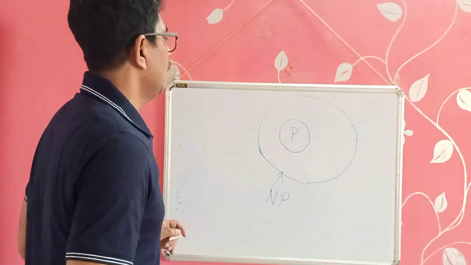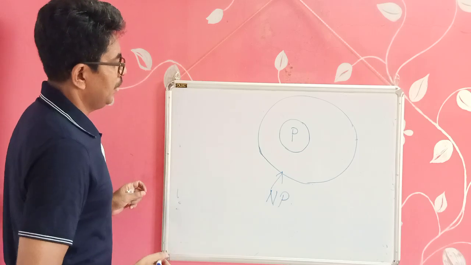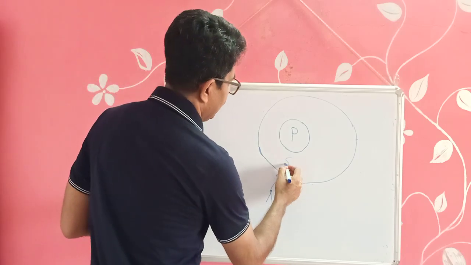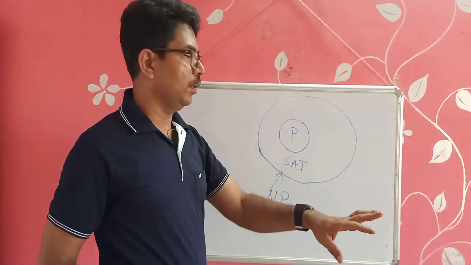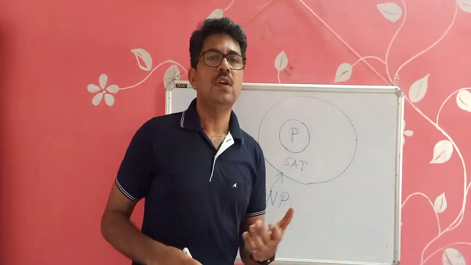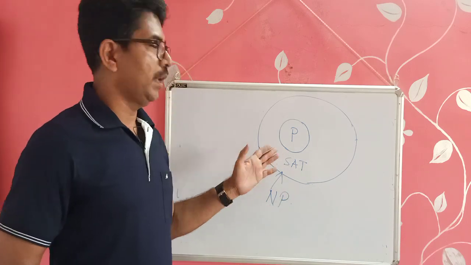Okay. Then what can I say? Suppose the satisfiability problem that we have discussed: a formula is given, and we ask whether a particular instance can be found so that the formula is true.